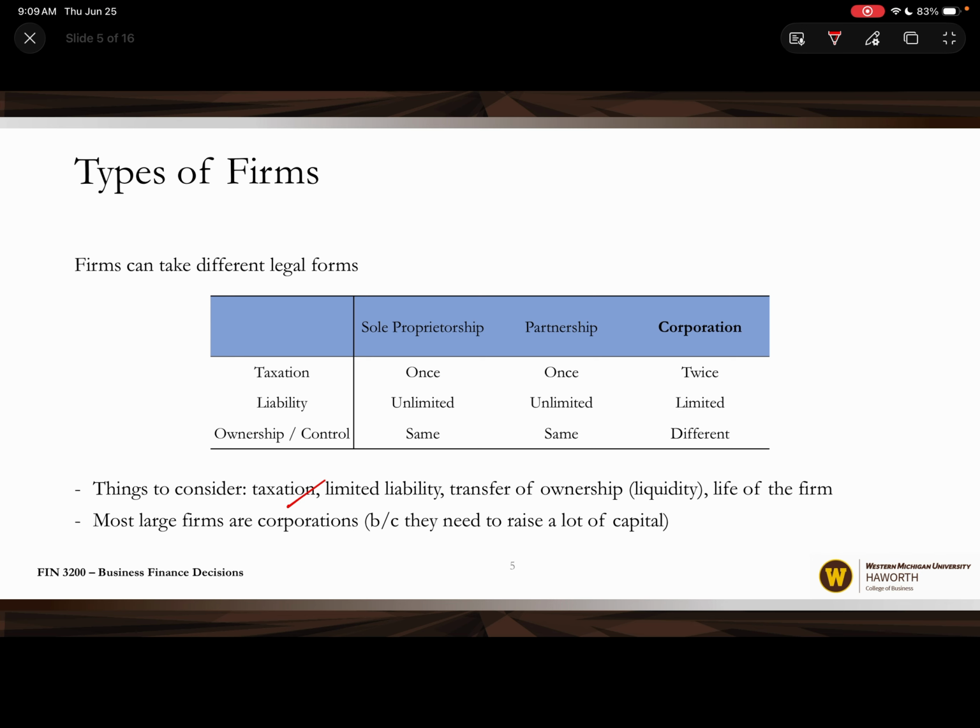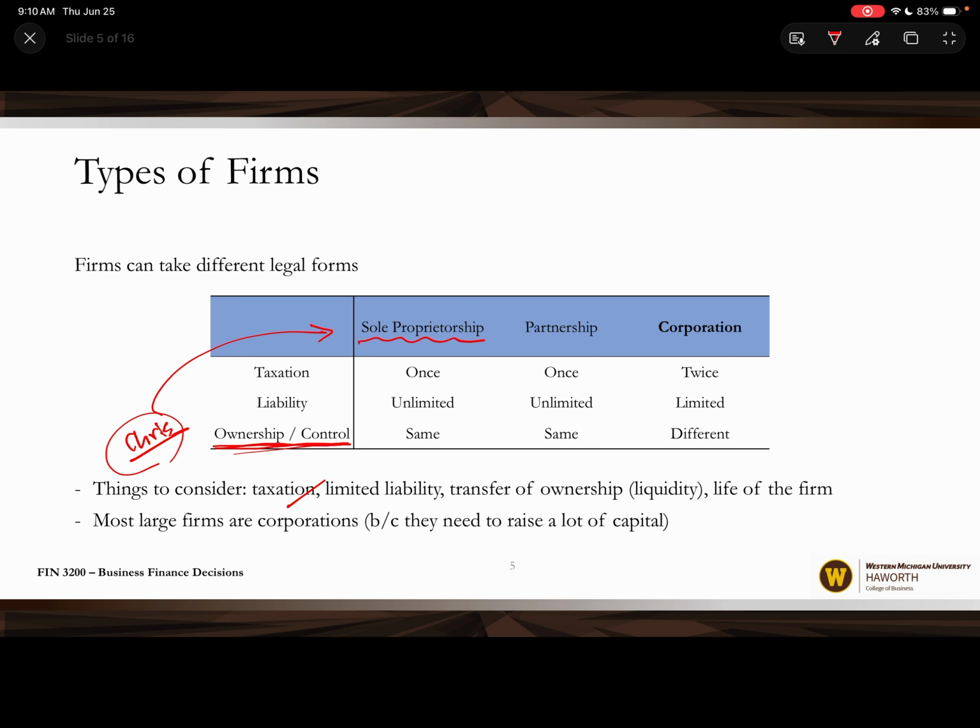Regarding ownership and control, it's also different for these forms. For sole proprietorships or partnerships, I'll give you an example of my barber in Kalamazoo. This guy, Chris, my barber, I think his business is a sole proprietorship.